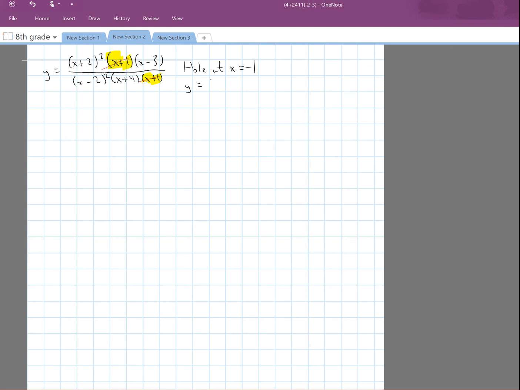When x is -1, y equals (-1 plus 2) squared times (-1 minus 3), right? I crossed it out for the rest of it. -1 minus 2 squared, -1 plus 4. Also, let me rewrite the function over here without that gone.